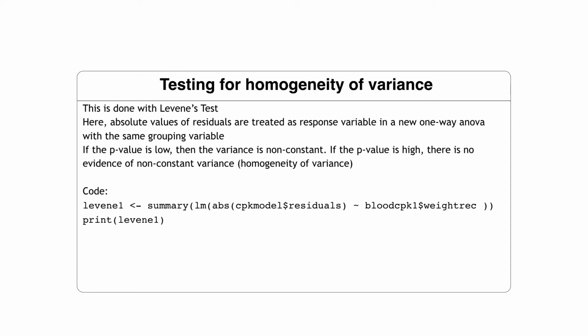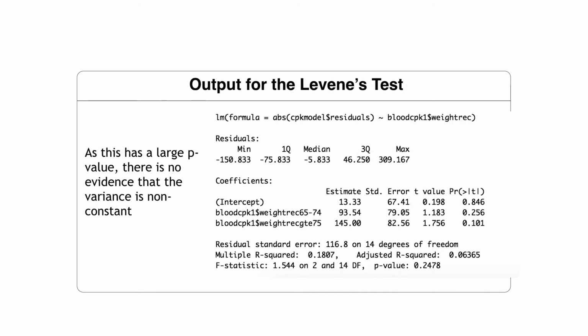So here in our example case, if you take a look at the p-value for the homogeneity of variance test using Levene's test, we see that there is a large p-value, and therefore we do not have evidence that the variance is non-constant.